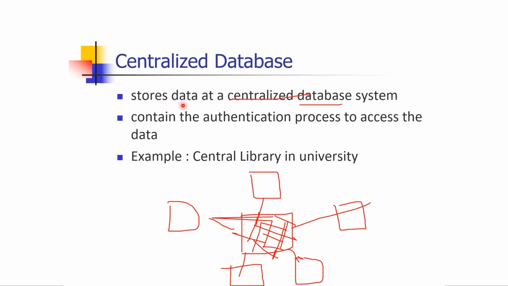If a centralized system is there, then there should be some authentication. Authentication is for security purposes. It contains the authentication process to access the data, which means everyone cannot access the data.